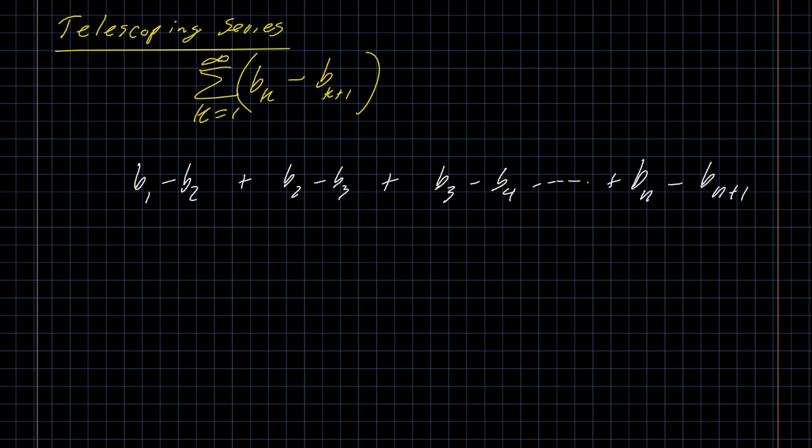And I'm going to take the partial sum here. So this is just going to be my Sn term, which is going to end at bn minus bn plus 1. But we've got a minus b2 plus b2 that cancel each other out. We've got a minus b3 plus b3 that cancel each other out. We've got a minus b4 plus b4 that cancel each other out.